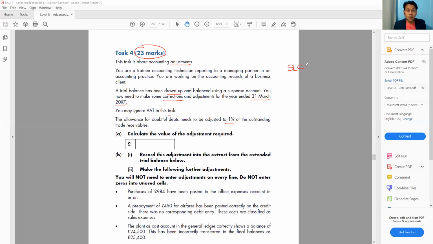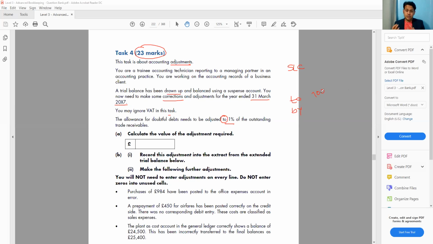So normally we have to adjust to. There are two words here: one is adjusted to and one is adjusted by. Remember that if the question says adjusted to, that means up to this amount. For example, if I say adjusted to 100, that means the total has to be 100.